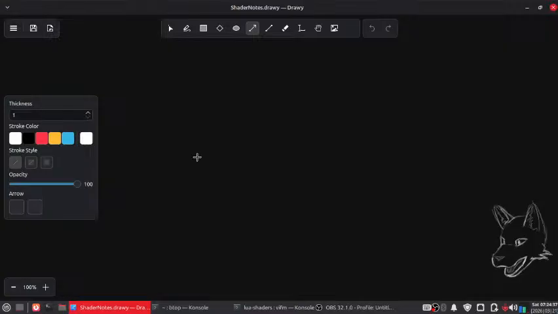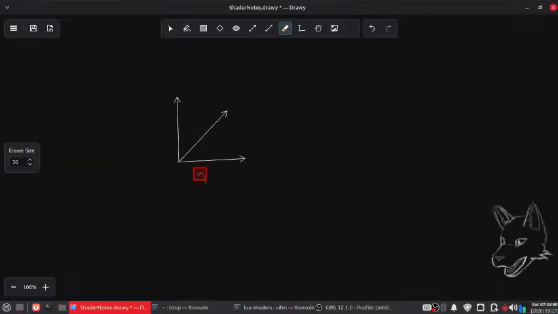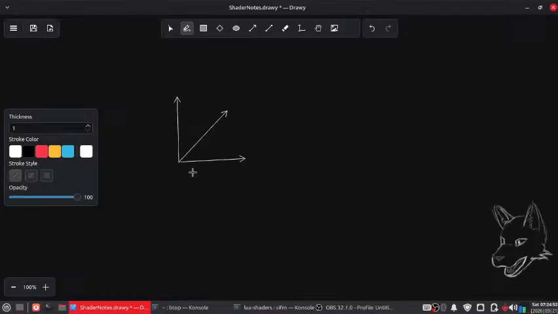So we have a color space of R, G, B, right? RGB. And then this kind of fills out a cube, right?